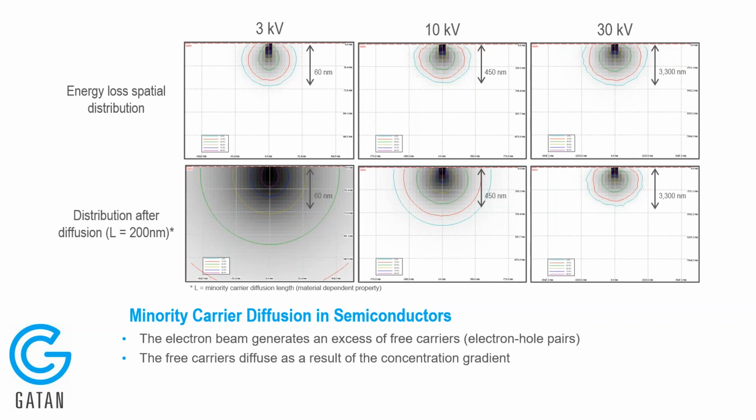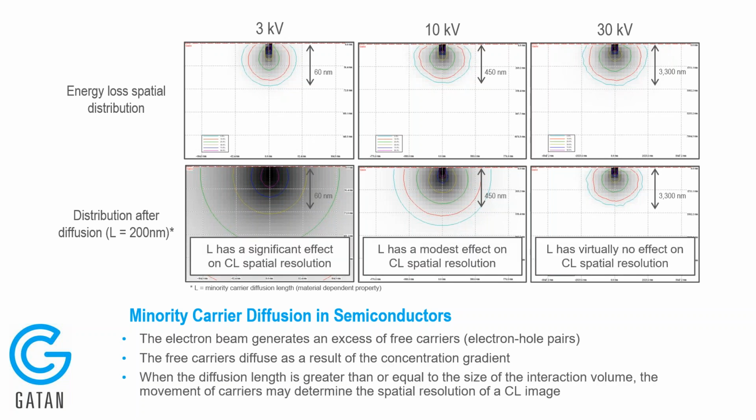For a given material with a diffusion length of, say, 200 nanometers, which is not uncommon amongst many semiconductor materials, you can see that minority carrier diffusion actually changes the distribution profile of where our electrons and holes are within our material, particularly at low accelerating voltages.